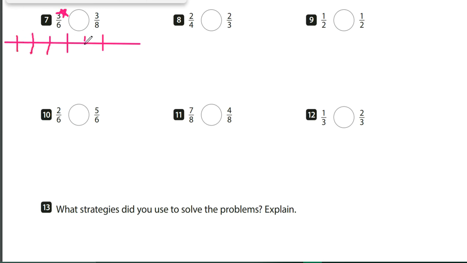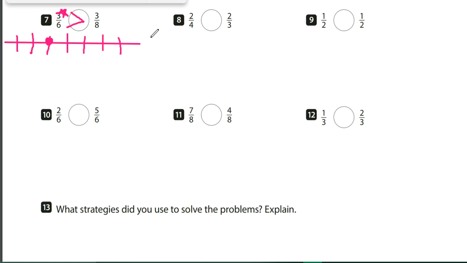Now we have 8ths. 1, 2, here's 3/8. And we can immediately tell that's not a half. That is less than half because this would be a half mark right here. We do not have a half. We know that 3/6 is the same as 1/2. Therefore, 3/6 is greater.